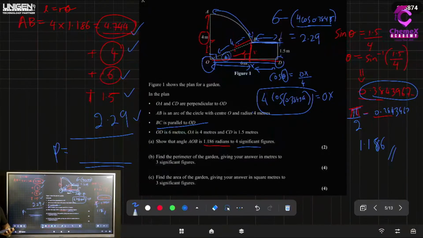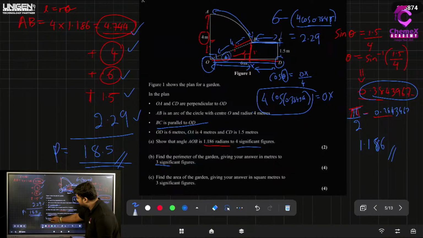So what's the final answer then going to be? 18.5, sir. 18.5. Yes, 18.5, 3 significant figures, Nehan? Yeah, exactly, 18.5. You don't put the extra 4.